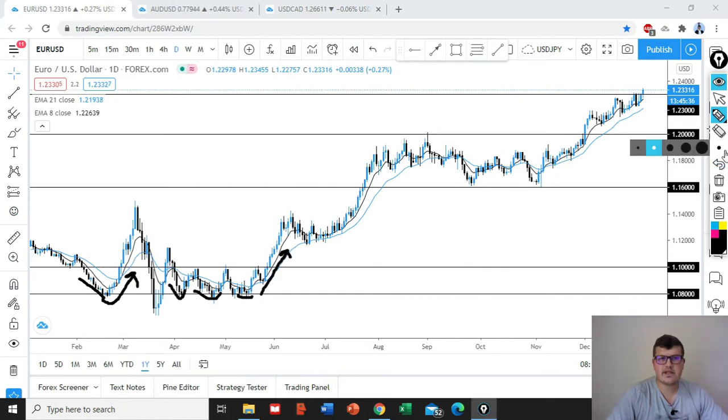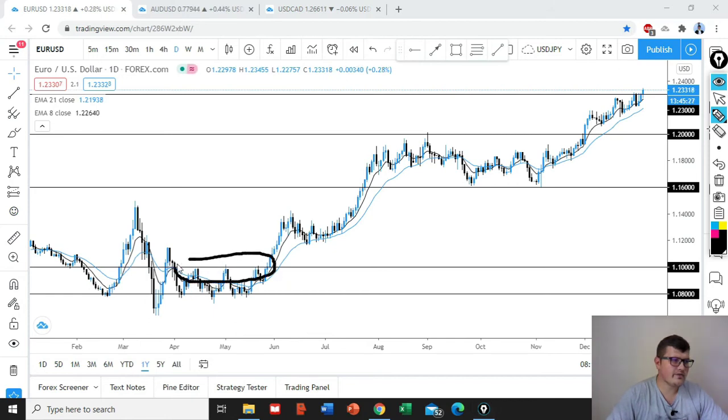The same can be said for this 1.1 level on the Euro USD, which acted as a strong resistance area over here for these three periods, and was then eventually broken for this upward rally.